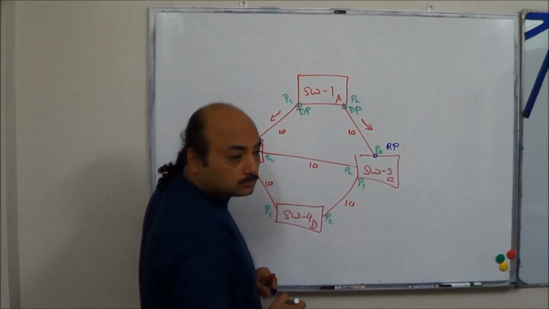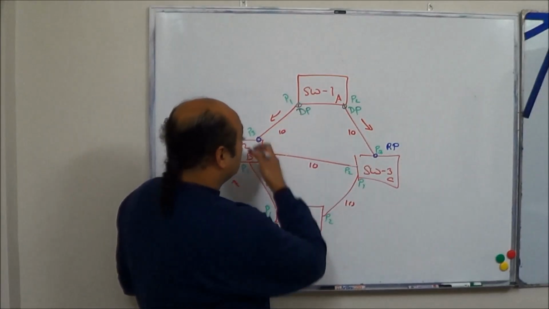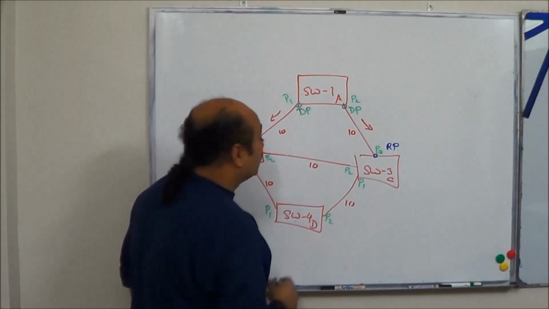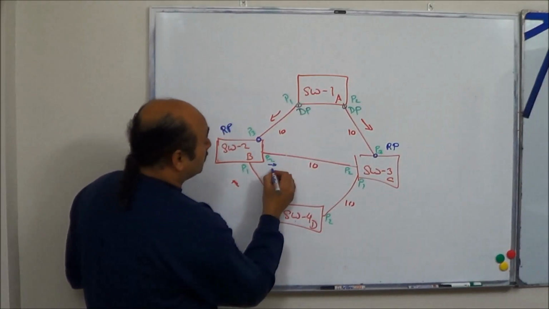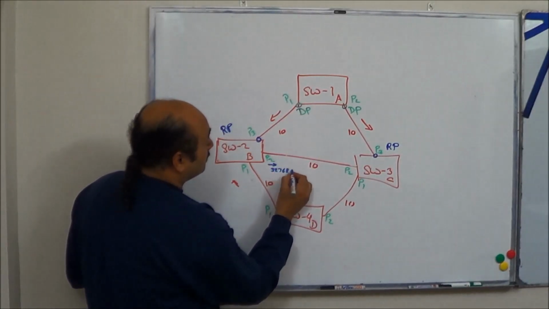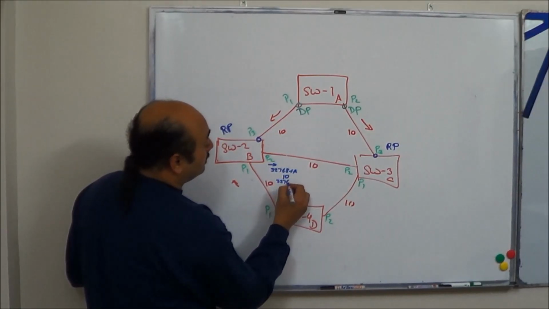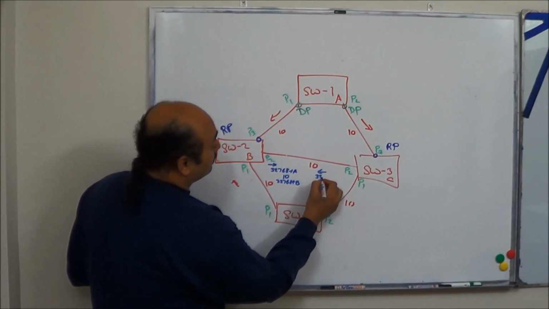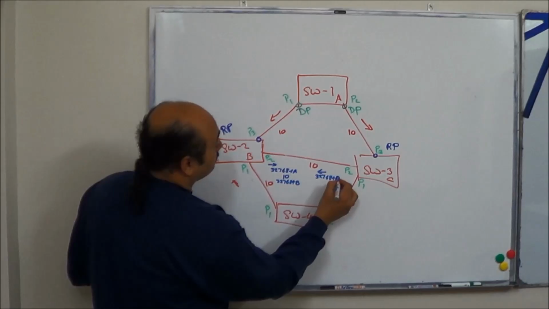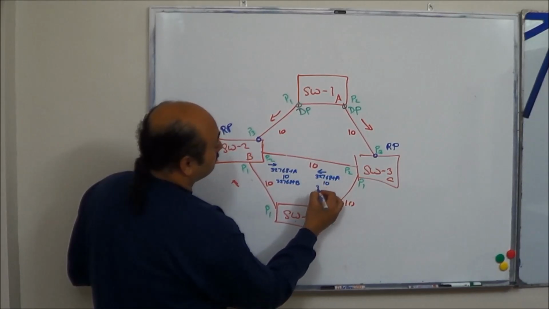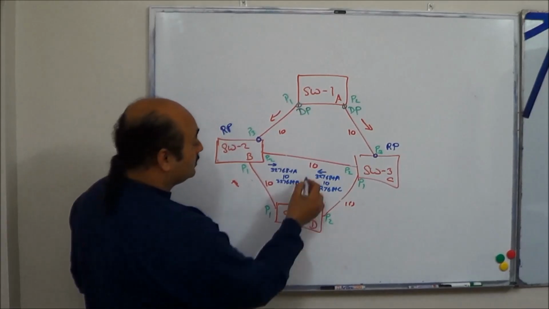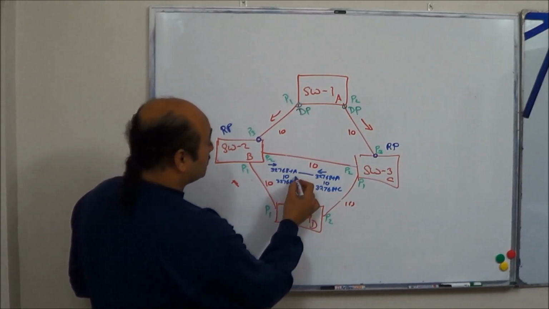Now, in this loop, we have to break this loop. Going out from here, what is there? 32768 plus A, 10, 32768 plus B. In this direction, 32768 plus B. This and this are the same.